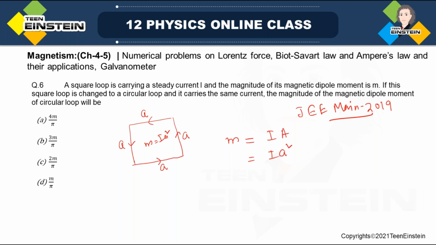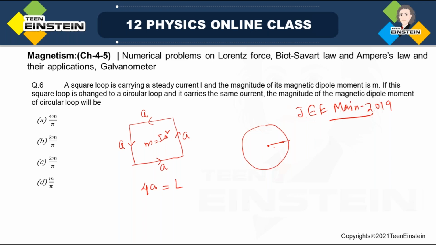Now look, the length of the wire is not changed, and current is also same, but the shape of the wire has been changed now. It has been changed to a circle. We know 4a, this is the perimeter of the square, that will be equal to L.